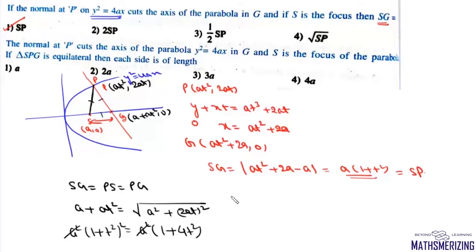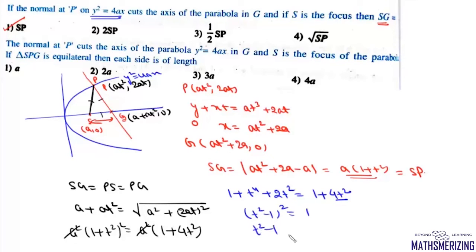So we can write this equation as 1 + t⁴ + 2t² equals 1 + 4t². If we take this 4t² to the left, then it will be 1 + t⁴ − 2t². So we can write it as (t² − 1)² = 1.